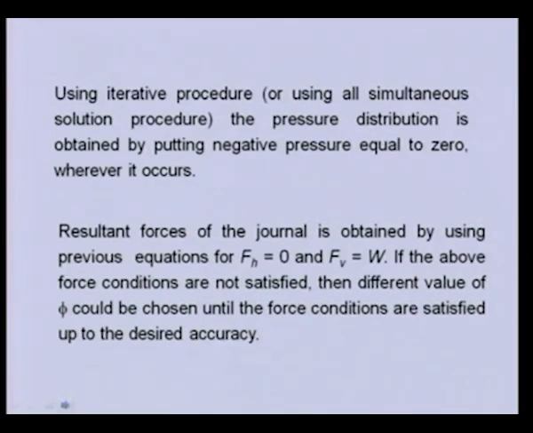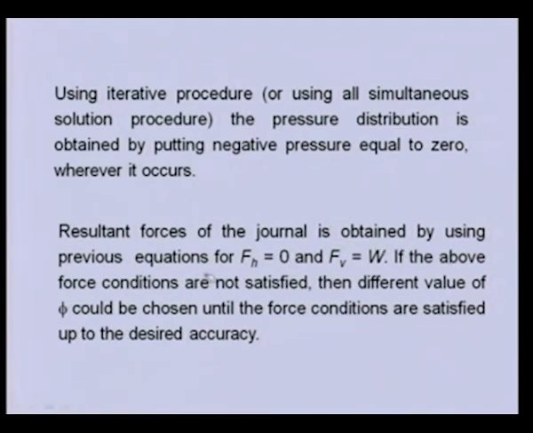Using an iterative procedure or a simultaneous solution procedure, by solving the finite difference equations simultaneously, the pressure distribution is obtained by putting negative pressure equal to 0. So, whenever we obtain negative pressure, we keep that equal to 0. The resultant forces on the journal are obtained by using the previous equations, with horizontal force equal to 0 and vertical force equal to the weight of the journal.